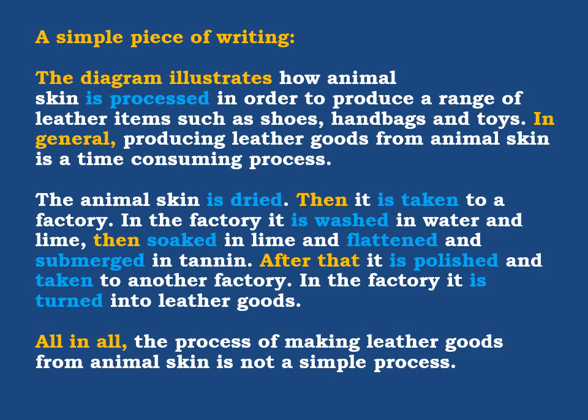But if you talk about more than one step in the same sentence, you use the verb to be with the first verb and the remaining verbs without the verb to be. Okay? And this is clear here in this sentence. So again, let's go back to sentence 3, starting in the factory. In the factory, it is washed.